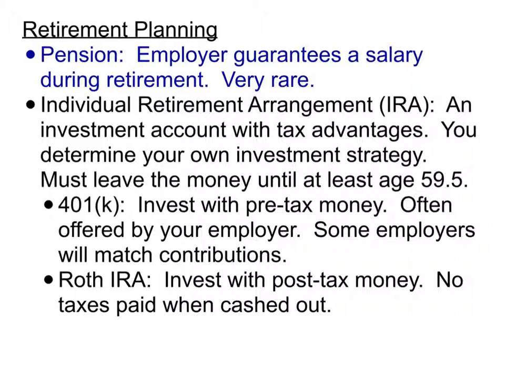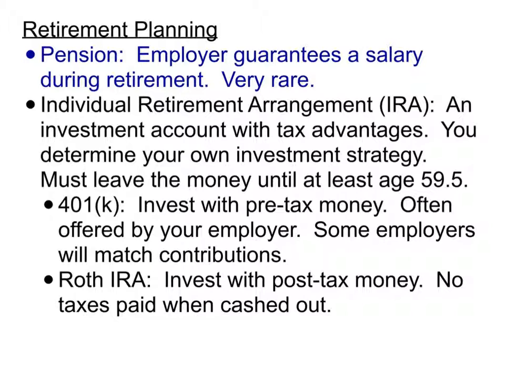The key things when it comes to retirement planning is that there's 2 main retirement types. The first one that you see here is a pension. Pensions are beautiful things if you have one. However, they aren't nearly as common as they once were. Pensions used to be the norm. A company would want to reward people for spending their entire career with them. And then they discovered, hey, these people live a long time.